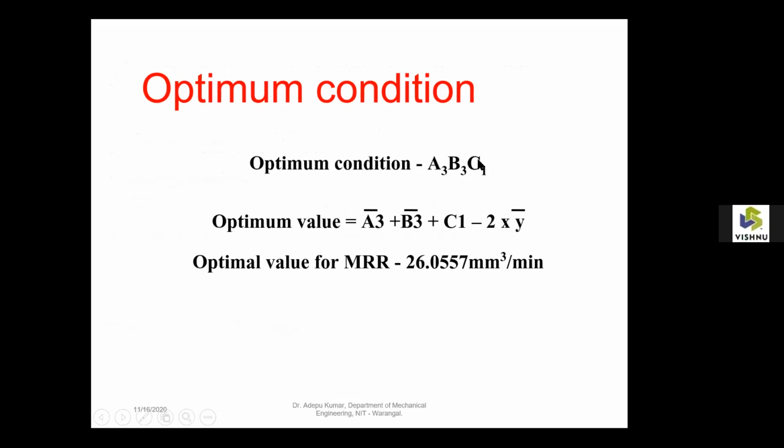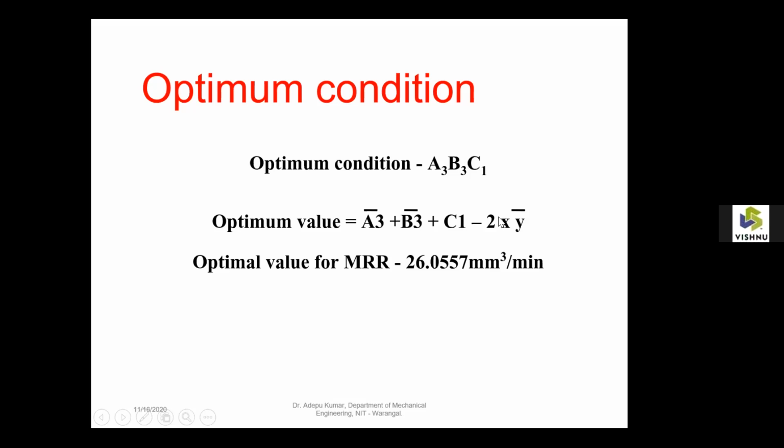Once you know the optimum condition, you should calculate the optimum value: A3 bar plus B3 bar plus C1 bar minus 2 into Y bar. This 2 means, since we are considering 3 factors, 3 minus 1. Suppose we were not considering C1, it would be A3 bar, B3 bar minus Y bar, that is 2 minus 1.